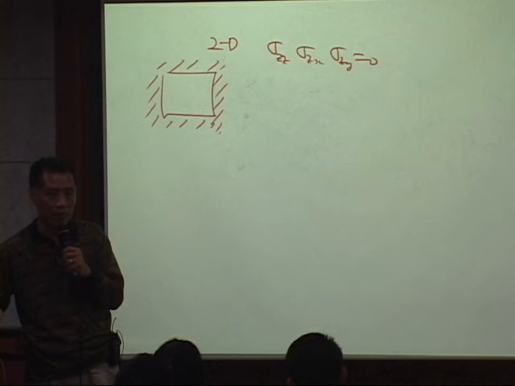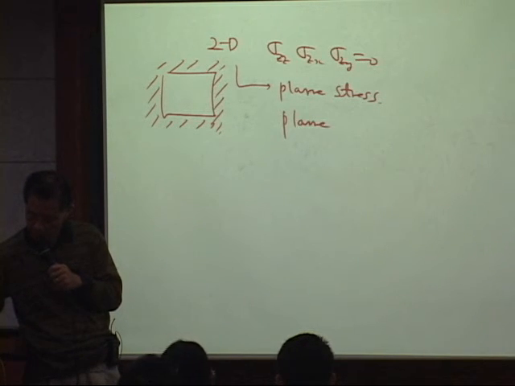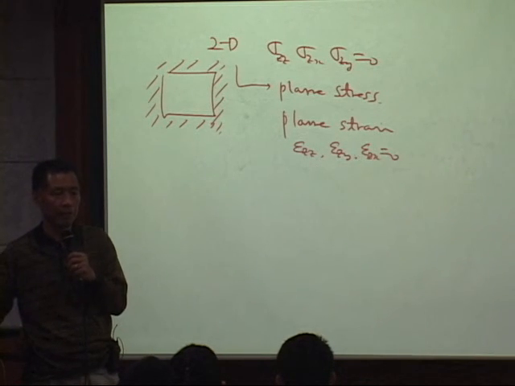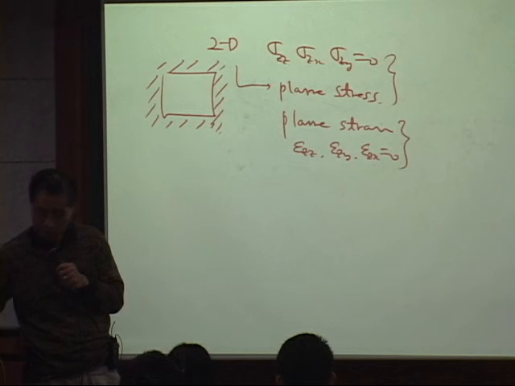So usually what I mean by two-dimension is plane stress. Sometimes we may refer to plane strain. Plane strain means that epsilon zz, zy, zx is 0. Well, there is a difference between the plane stress and plane strain cases. Okay?